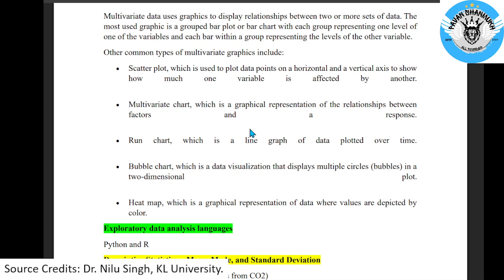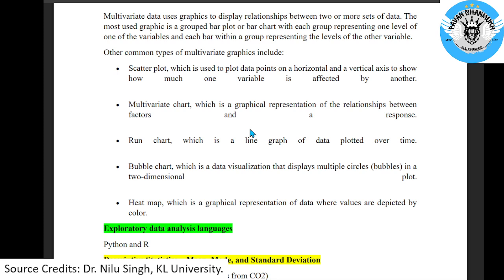In the same way, scatter plots, multivariate charts, run charts, bubble charts are all there. So where do we use them? We use these multivariate data graphics to display relationships between two or more sets of data. The most used graphic is the grouped bar plot or bar chart, with each group representing one level of one of the variables and each bar within a group representing the levels of other variables.